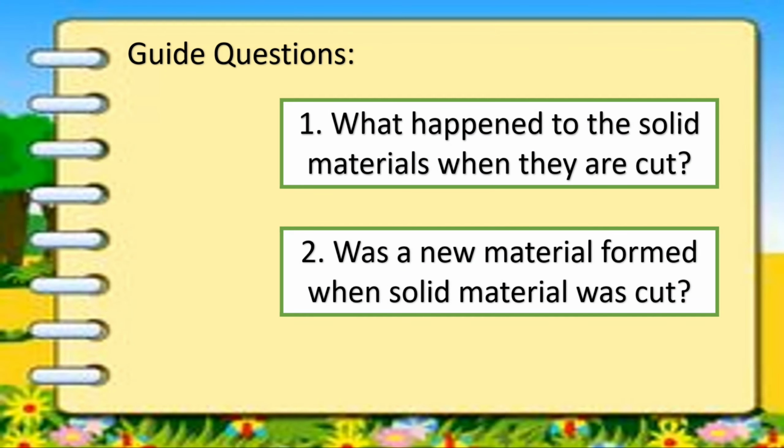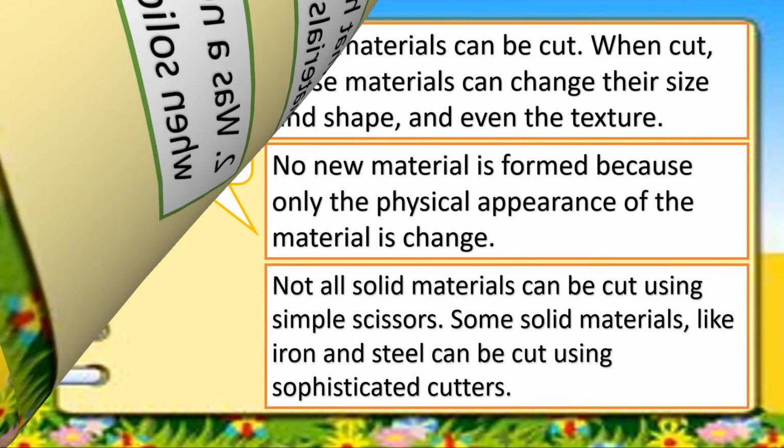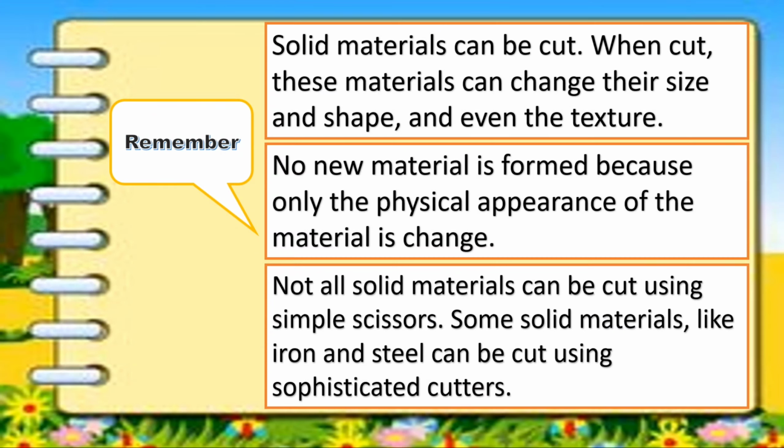What happened to the solid materials when they are cut? Was a new material formed when solid material was cut? Remember, solid materials can be cut. When cut, these materials can change their size and shape, and even the texture.